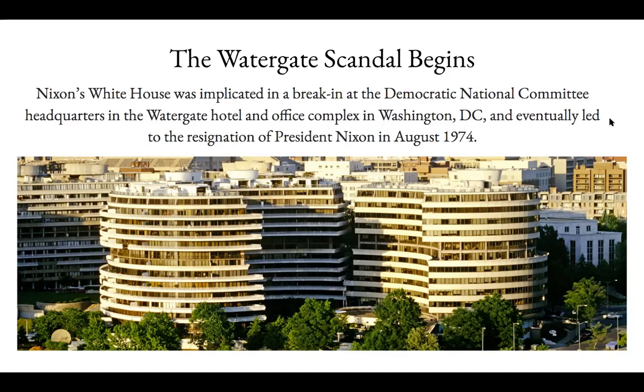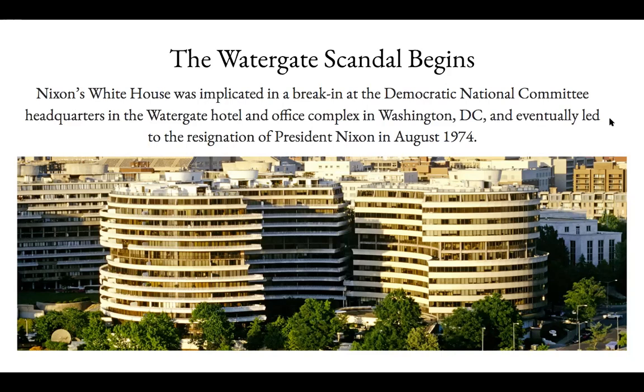But as an investigation occurred, slowly over time, it became very clear that they had had a role in the break-in. A man, special counsel to the president, named John Dean, ended up revealing Nixon's role in the scandal to the United States Congress, to the people.